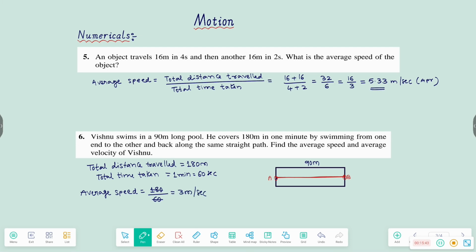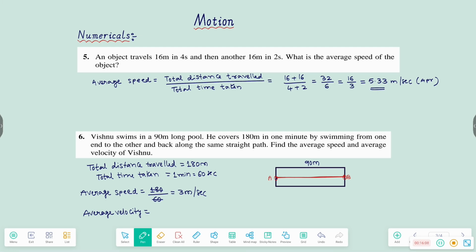This is the average speed. And then what is the average velocity? When you want velocity, you need to find the displacement, because the average velocity formula is total displacement by total time. Speed is total distance by total time. Velocity is total displacement by total time. So what is the total displacement?